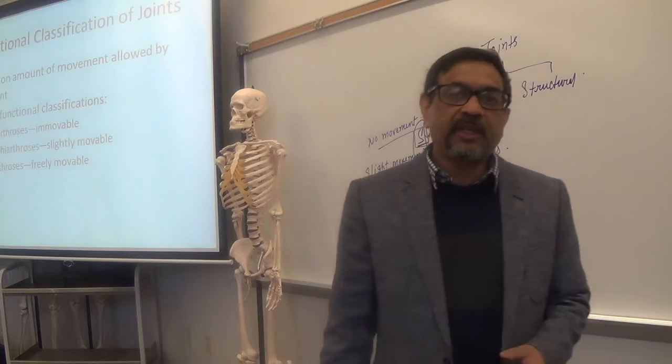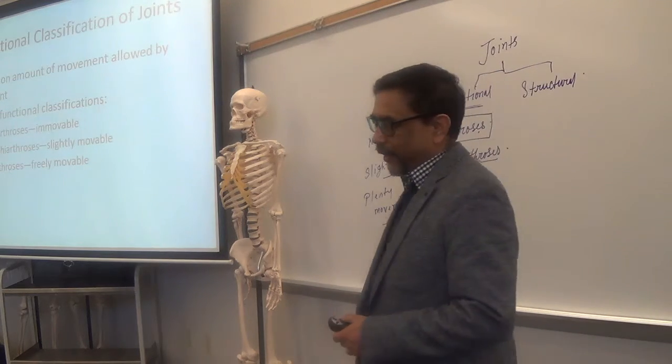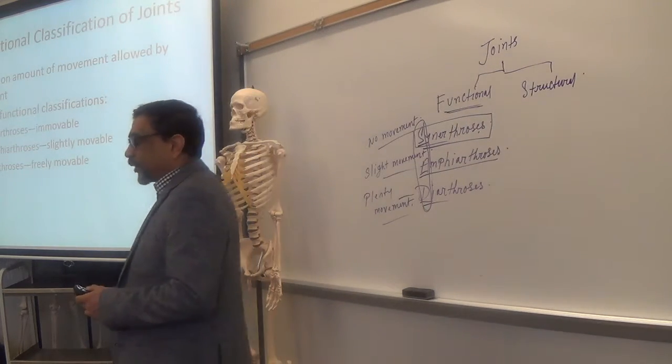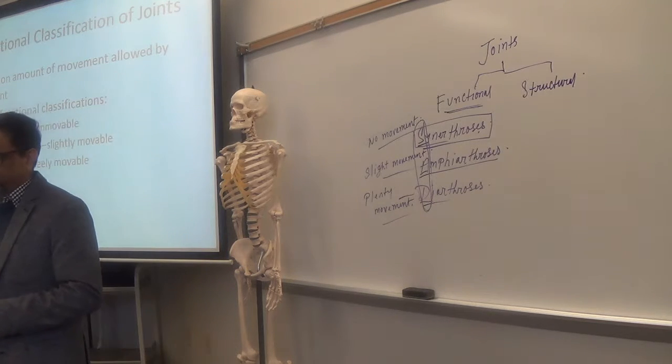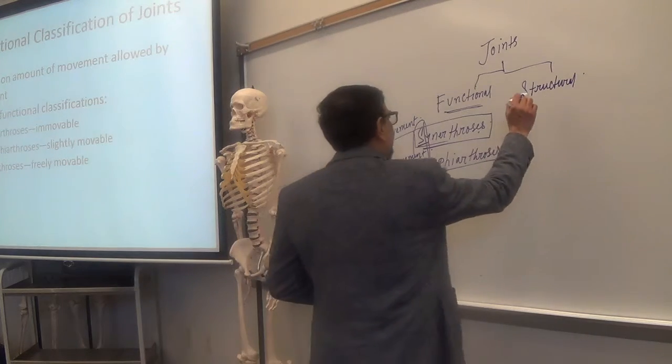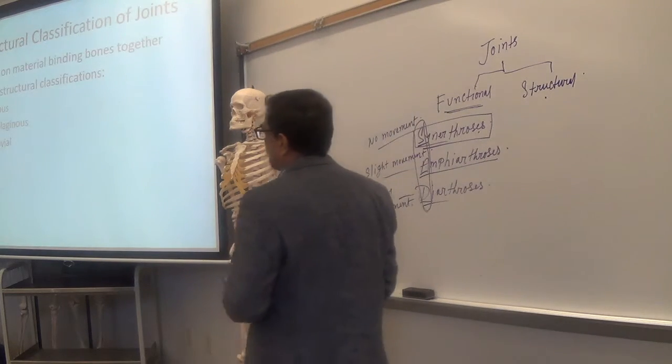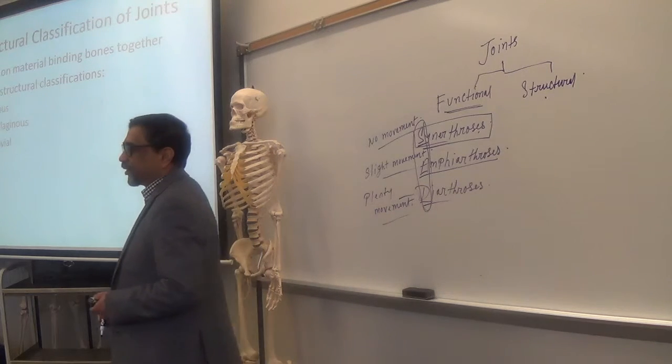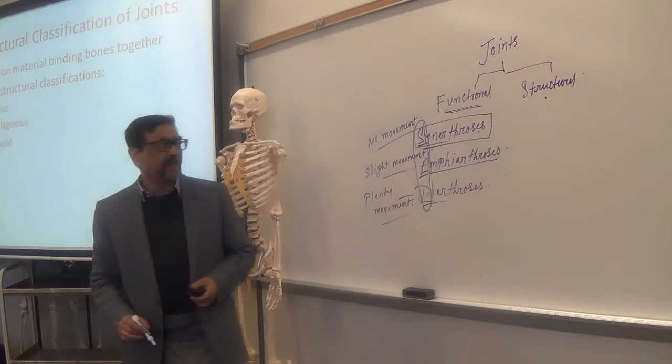Then, structural classification. By looking at the structures present in the joint, we classify the joints. Okay? So, structural includes fibrous, cartilaginous, and synovial.